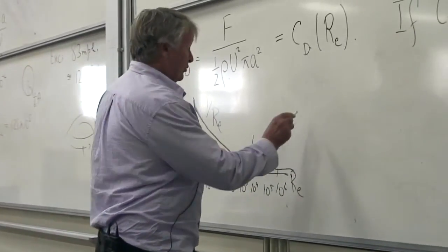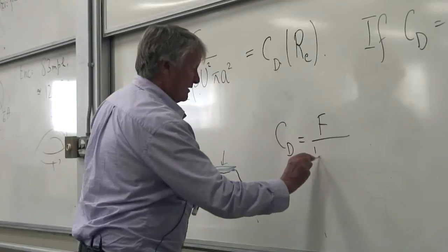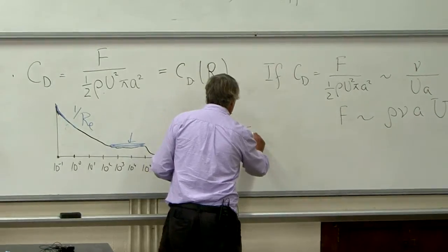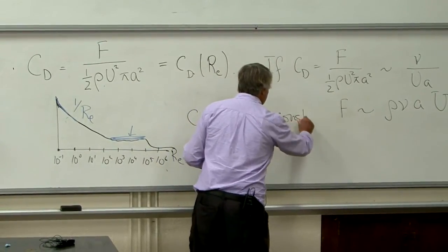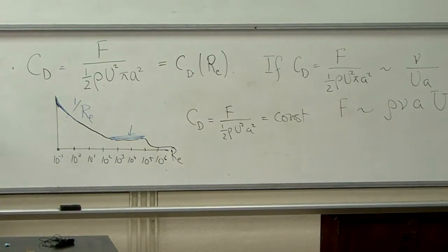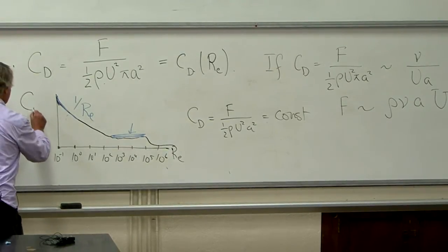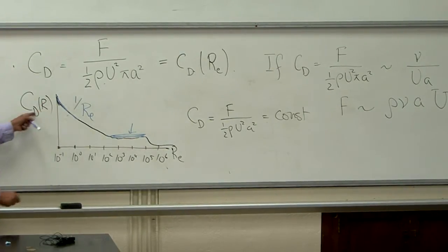For Eric's fastball, CD, which is F over half rho U squared pi A squared, is constant. Independent. Oh, this is CD. So it's roughly constant.